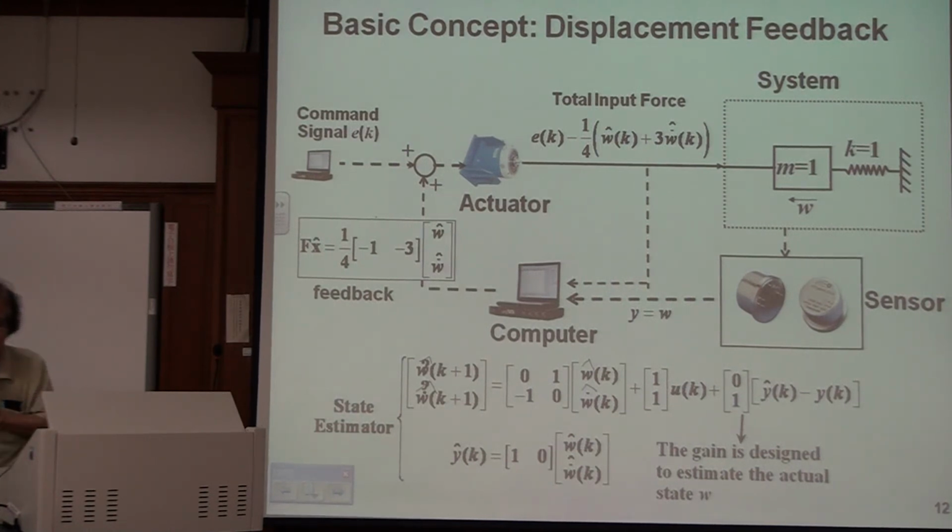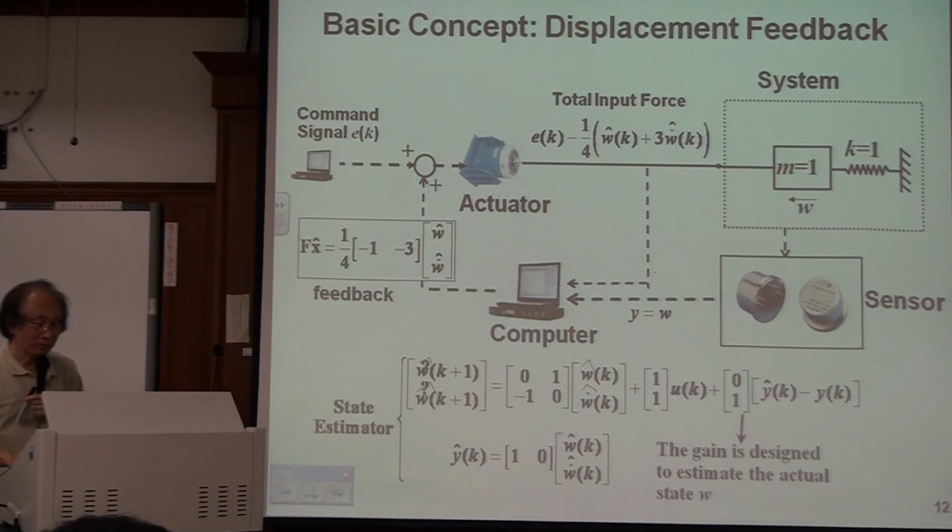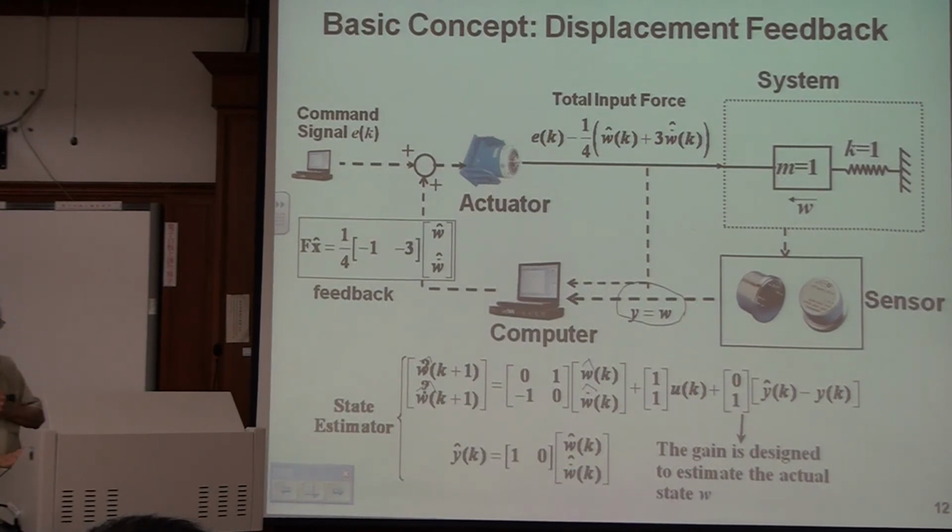Understand now? The only measurement we have is y equal to w. But for our control law, if you remember about three slides earlier, the state feedback requires w and w dot.